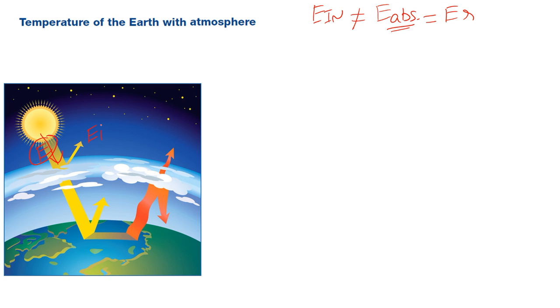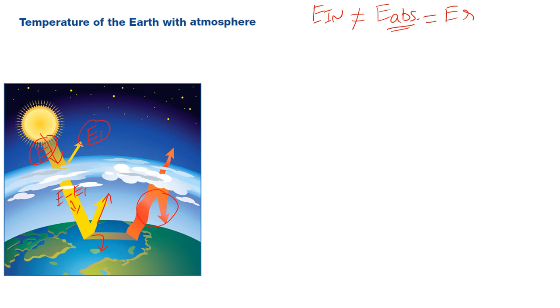Let's say this is E1. The rest of the energy, that is E minus E1, will go into the earth, and some part of it is getting reflected and one part will get absorbed into the earth. Whatever energy is going out is also reflected back. This is what we call the greenhouse effect.